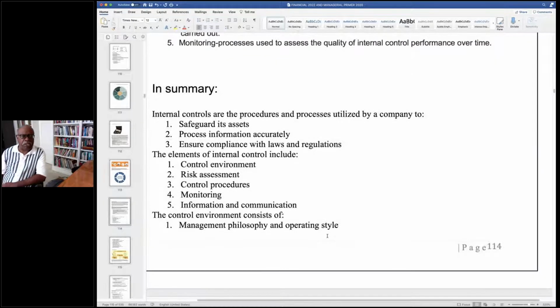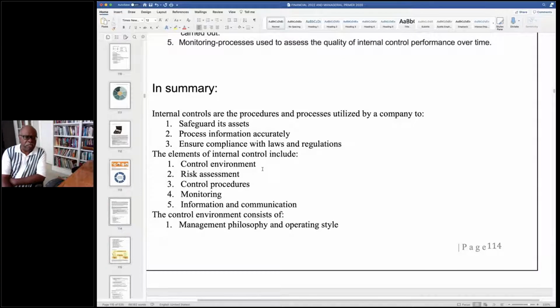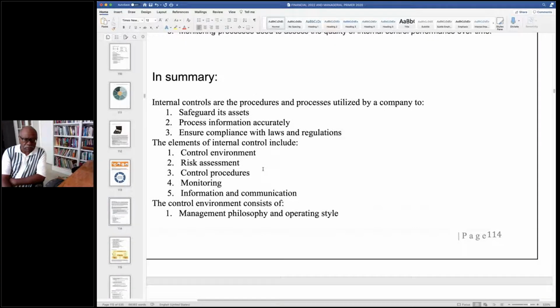In summary, internal controls are the procedures and processes utilized by a company to safeguard its assets, process information accurately, and ensure compliance with laws and regulation. The elements, they're here again: a control environment, risk assessment, control procedures, monitoring, and information communication.